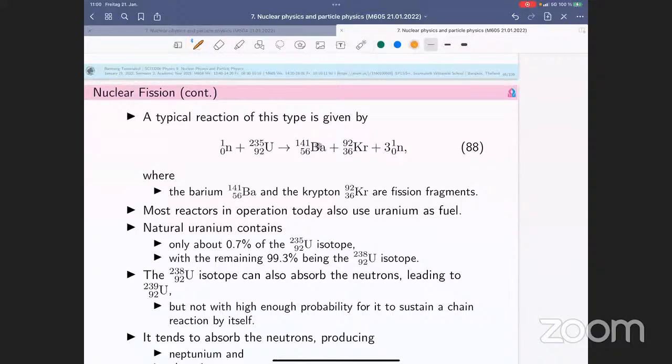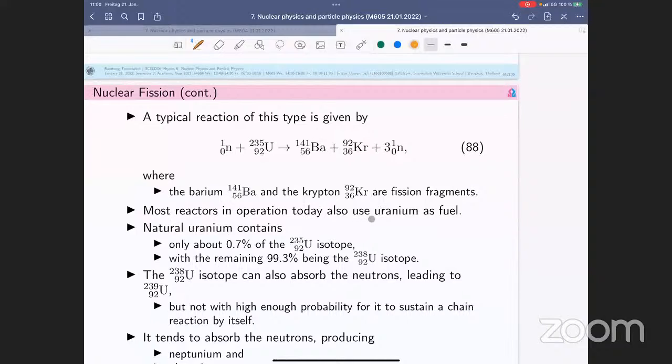Now we are talking about the reactor, right? Reaction process from the previous section, and most reactors in operation today use uranium as fuel. The most popular fuel is uranium, but uranium in nature contains several isotopes. Once the Earth is formed, we already have the uranium on Earth, and we could not do anything.